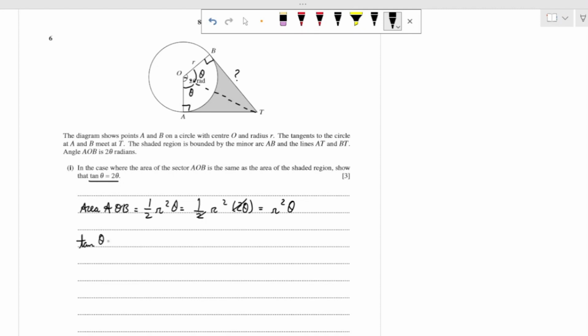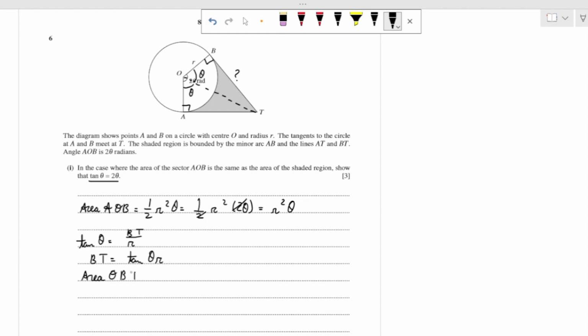Tan theta is equal to BT, opposite, over adjacent, that is R. In this case, we can represent BT as tan theta R. Now that we have found the base and the height respectively, we can calculate the area of OBT.